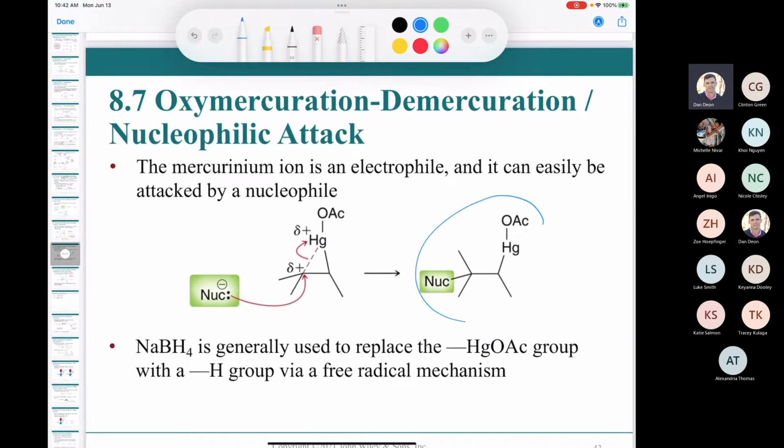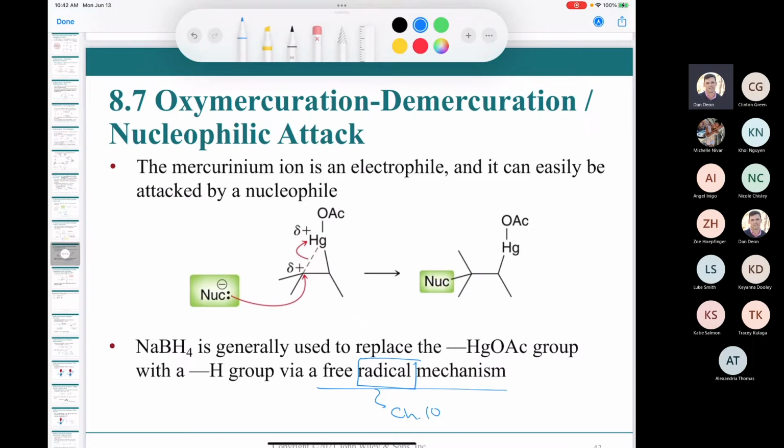And once you formed this intermediate, it undergoes the demercuration reaction with sodium borohydride. Now that mechanism occurs via free radicals. So a free radical mechanism, and we don't cover radicals until chapter 10. And so you don't need to know anything about the mechanism of demercuration, okay?